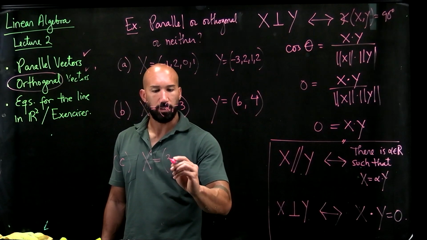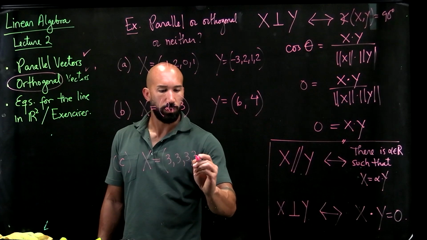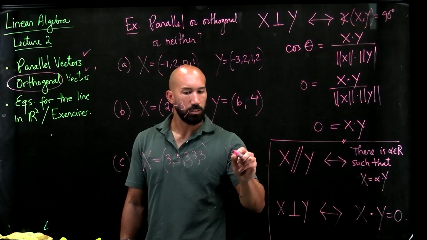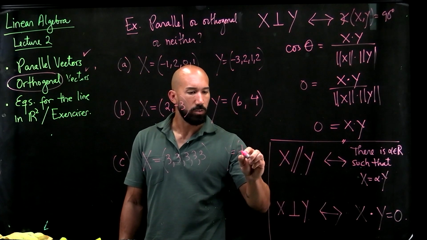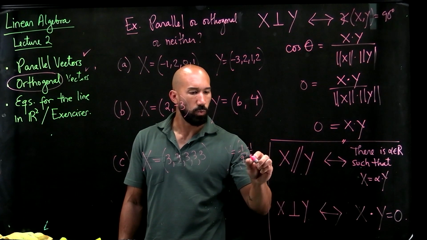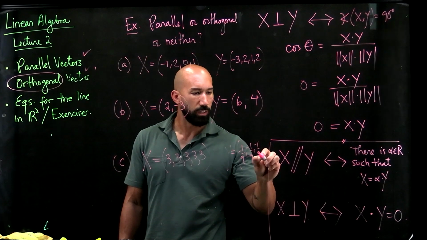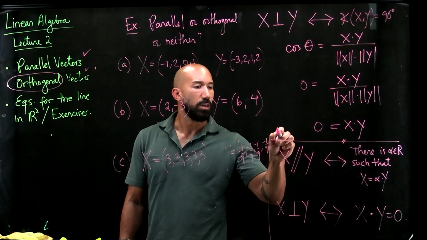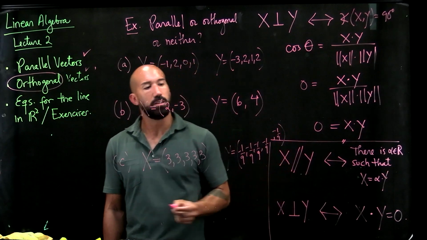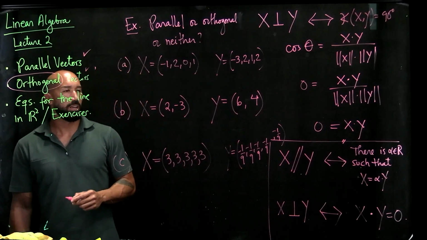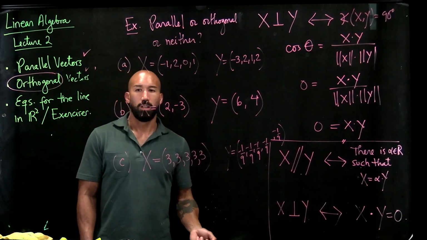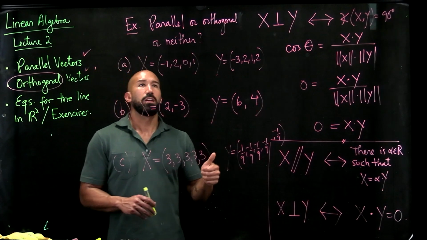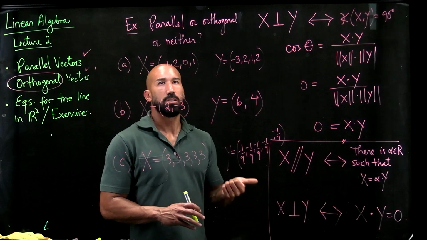Now X is going to be 3, 3, 3, 3, 3, and Y is going to be -1/9, -1/9, -1/9, -1/9, -1/9. These two vectors are in R5, and all we need to determine is whether they are parallel or orthogonal or neither.